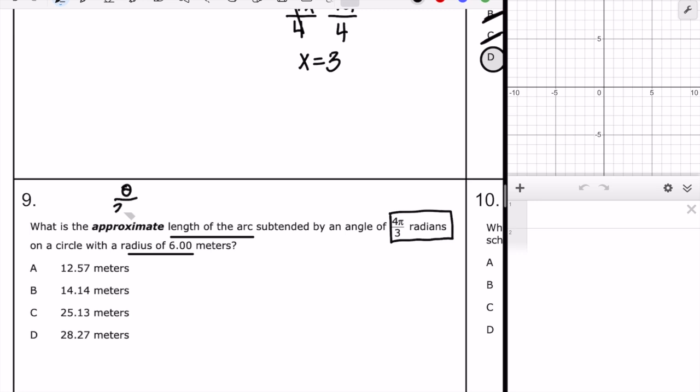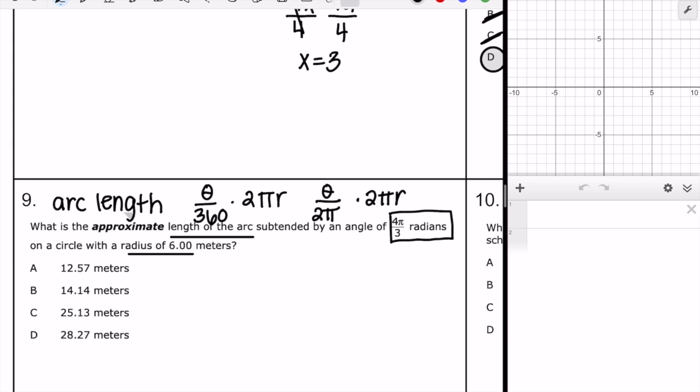We have theta over 360 times 2 pi r, or we have theta over 2 pi times 2 pi r, depending on degrees or radians. So this is obviously in radians.